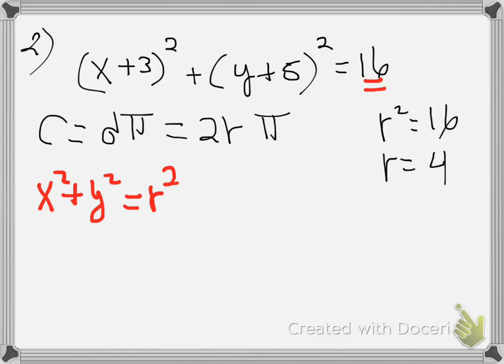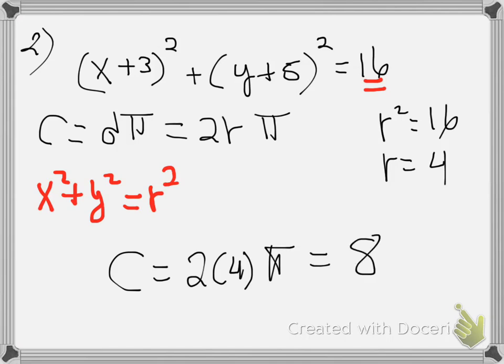Well, that means r is 4. So the circumference is 2 times 4 times pi, which is 8 pi. That is the answer. The hardest part here, I think, is probably realizing that 16 is the radius squared.